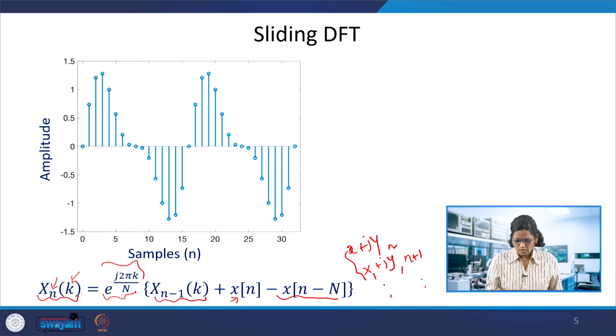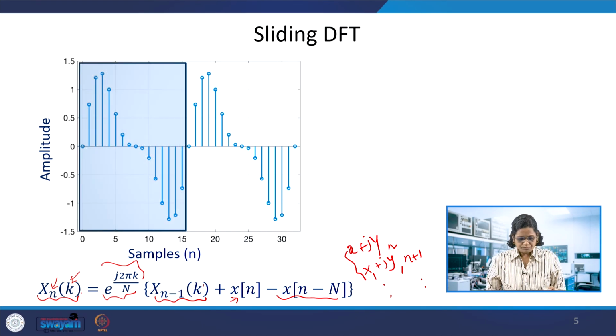The real sequence and the imaginary sequence represent the in-phase and quadrature components of the signal, which was the fundamental, second harmonic or third harmonic, chosen by the bin index k.